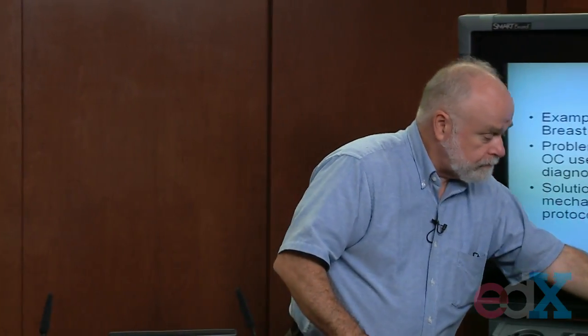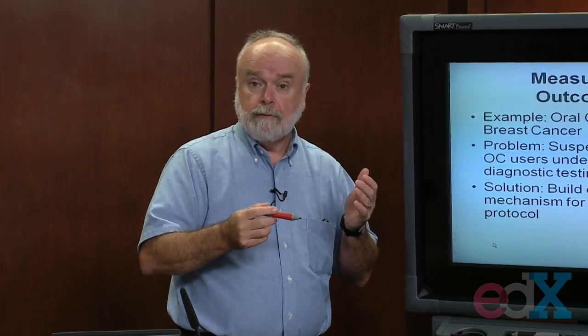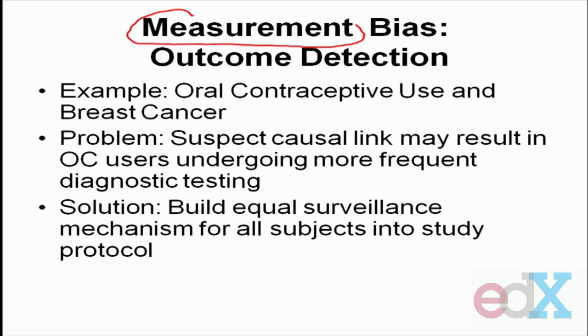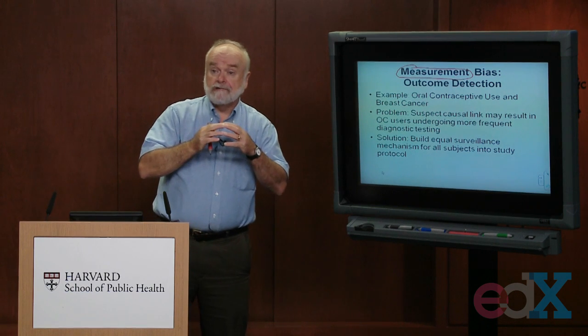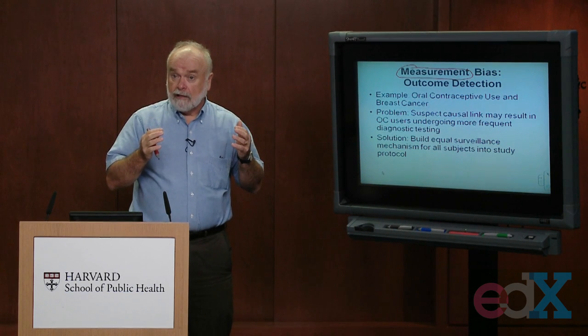And during that follow-up, you're going to be determining from medical records whether this diagnosis of breast cancer has been made. Now, what I want to talk about now is a potential measurement bias, meaning that we might be measuring people incorrectly in this study. So let's suppose that people suspect there might be a causal link between oral contraceptive use and breast cancer development.